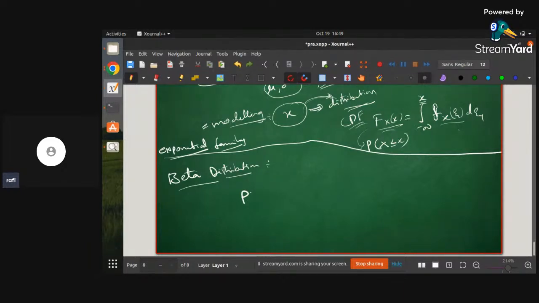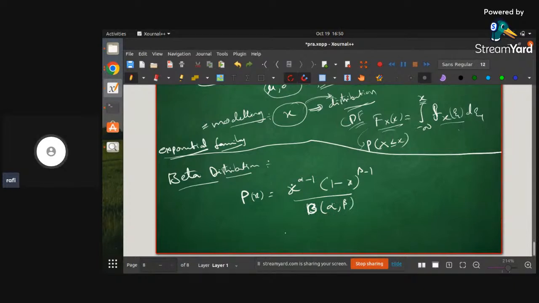The beta distribution f(x) or p(x) is given as x power alpha minus 1 into 1 minus x power beta minus 1. Here alpha and beta are the parameters, divided by B of alpha, beta, which is a function of alpha and beta.